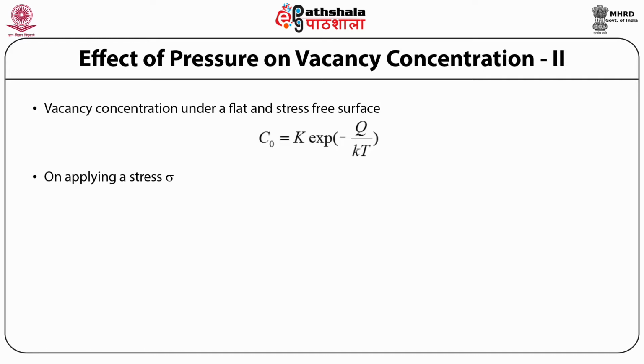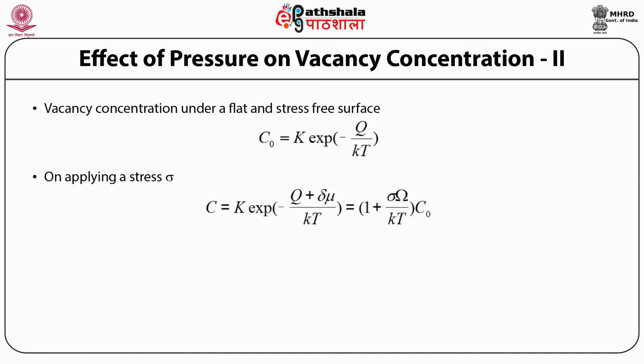When an external stress is applied, the chemical potential of an atom is changed by delta mu. So the vacancy concentration now becomes C is equal to K exponential minus Q plus delta mu by kT, which is equal to 1 plus sigma omega by kT times C naught.